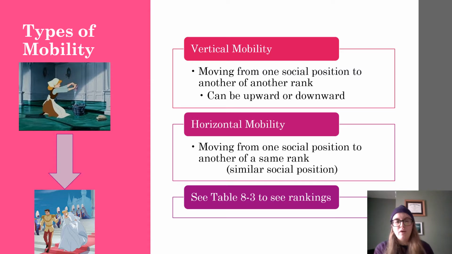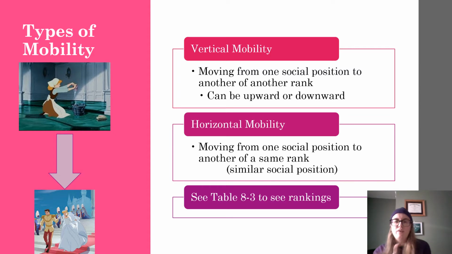You can also move from one social position to another one of the same rank, a similar social position, or even exactly the same. So if you are an elementary school teacher and you teach 3rd grade, and then you move to another elementary school and teach 4th grade, that's a similar thing.